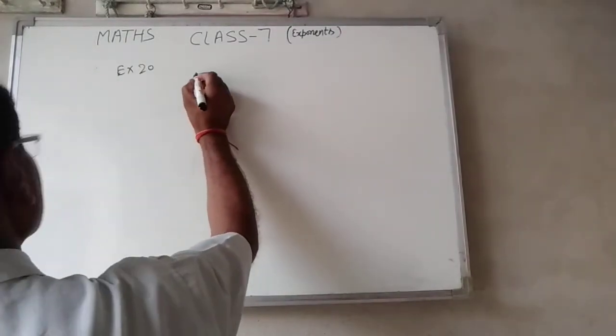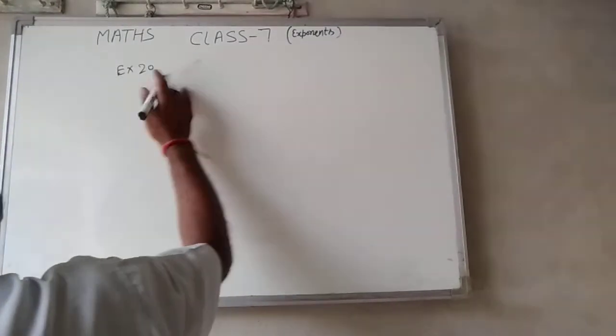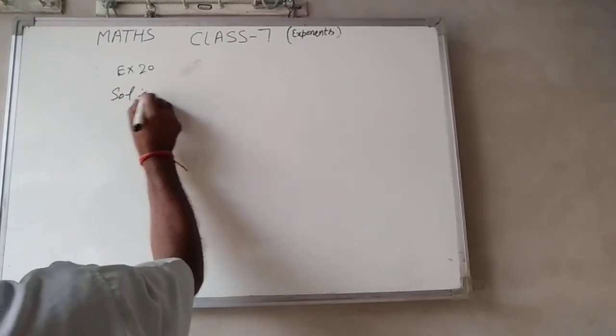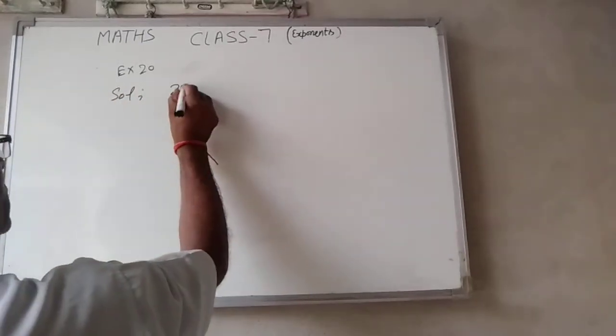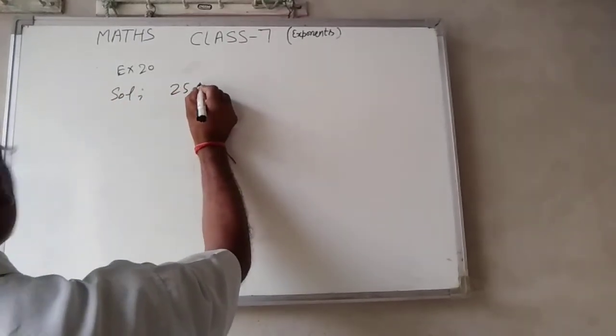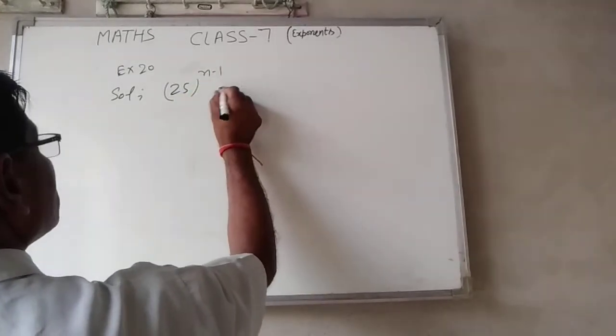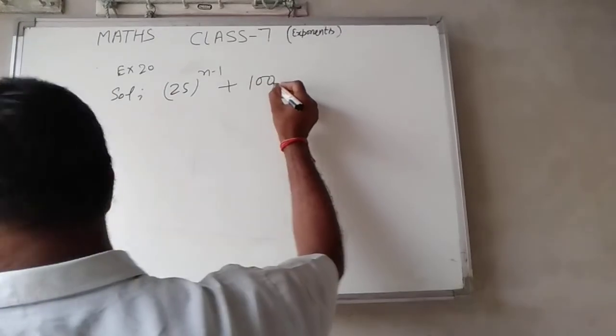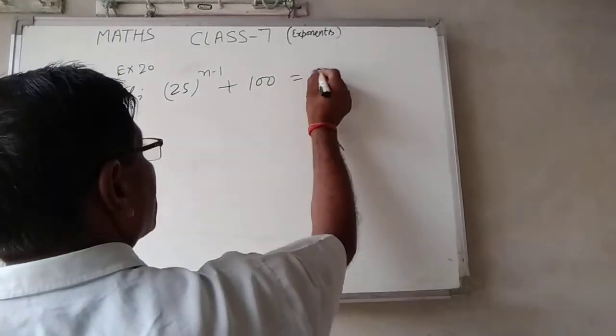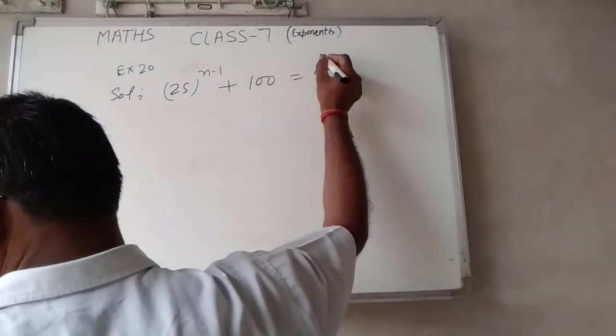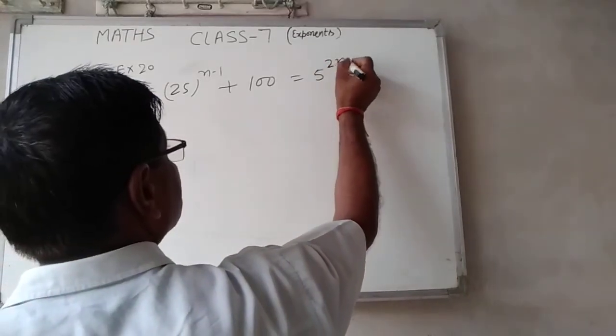We will write the solution: 25 to the power n minus 1 plus 100 is equal to 5 to the power 2n minus 1.